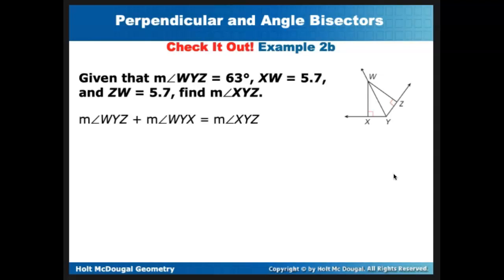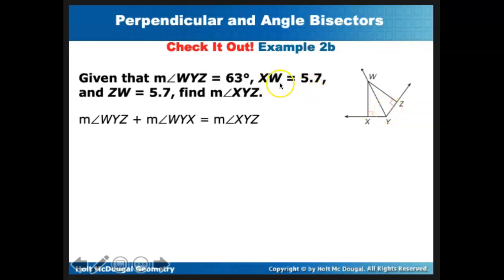And this time we're looking for the measure of XYZ. Oh, okay, that's this one out here. Whoops. This one out here, XYZ. And we're given that the measure of WYZ is 63 degrees.